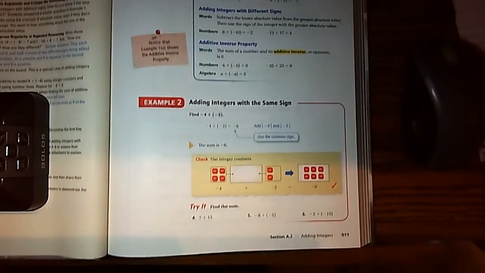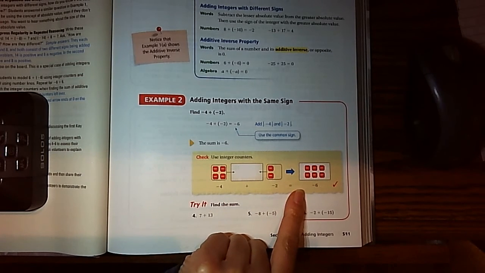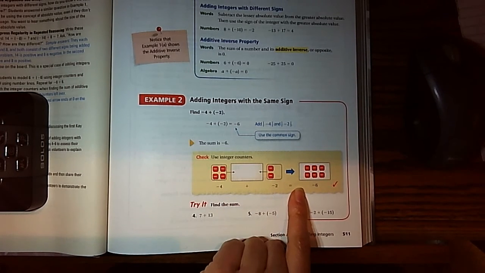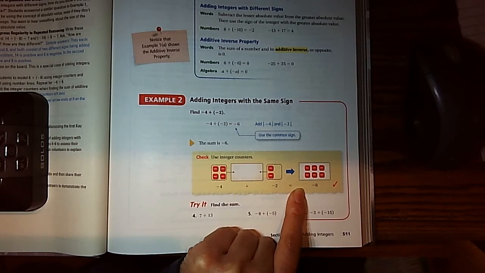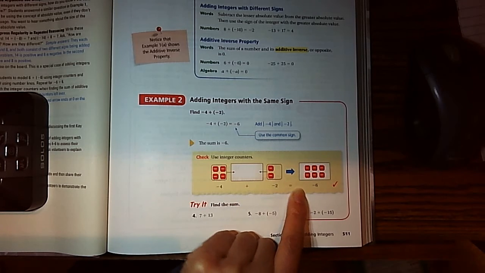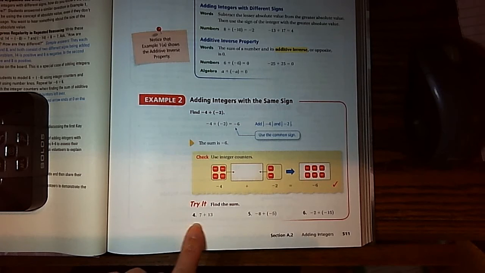This is what you do. So here's example 2, and it's just showing you with counters. You could make your own counters. All you got to do is get a scrap piece of paper, put a plus sign on one side and a minus on the other, and you can do it this way. I'm just going to do these 3 at the bottom, just using my chart though.